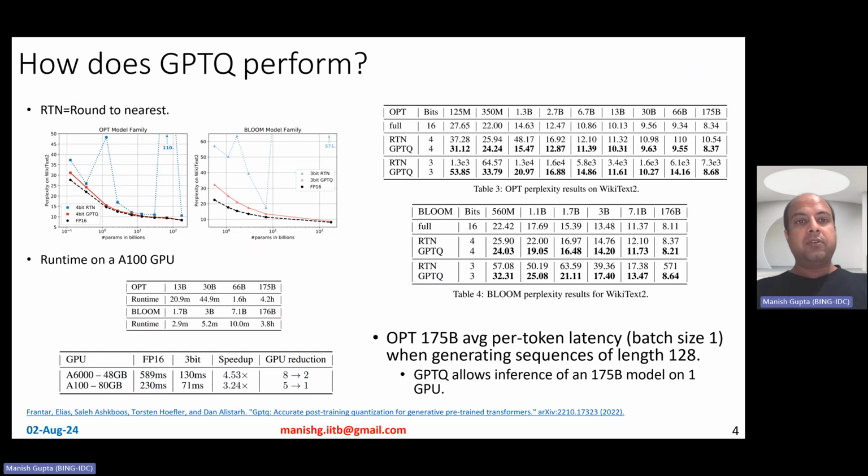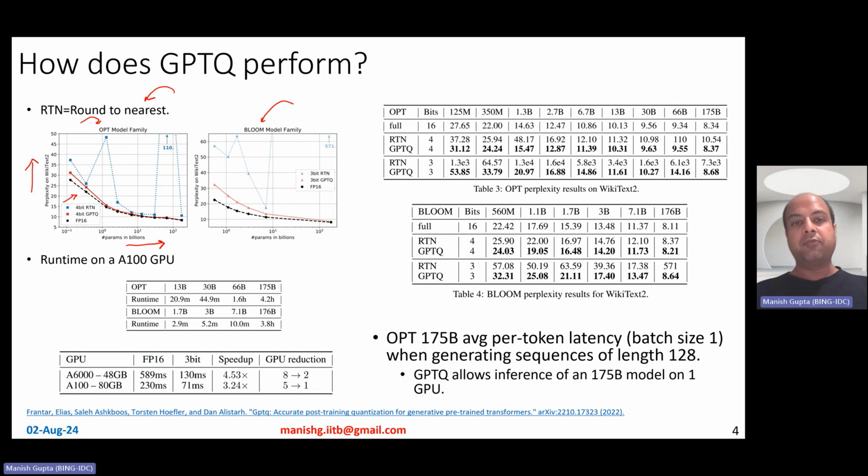So now, here is a comparison of how GPTQ performs compared to the other usual quantization method, which is the round to nearest method. People have compared across two different families of GPT models, OPT and Bloom, right? On the x-axis is the size of the model, and the y-axis is the perplexity. So the lower the perplexity, the better the model is. As you observe, the FP16 model, of course, has the lowest perplexity, the dotted black line, because it is 16-bit and not quantized.